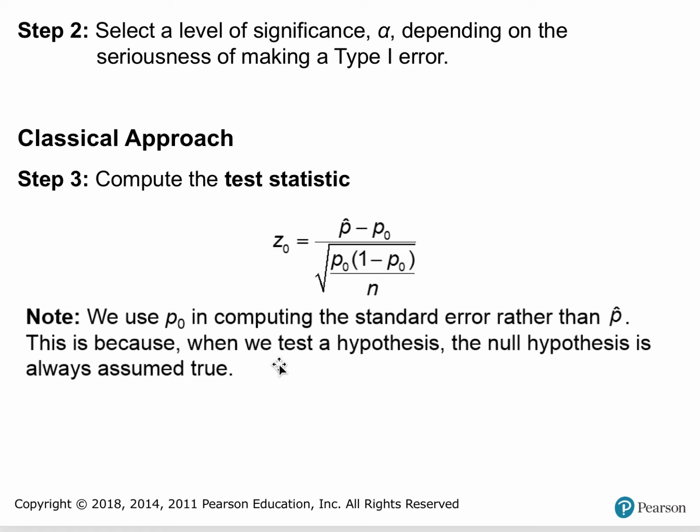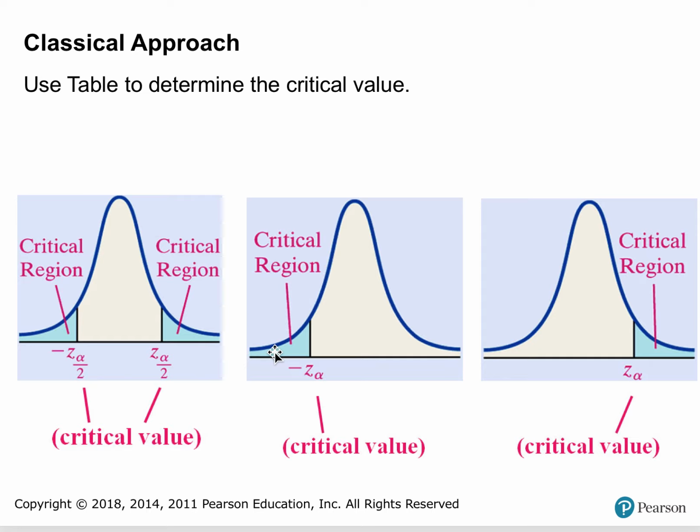So we're assuming it's true and trying to prove otherwise, so we can just take that as our value. Okay, then here's the difference in our various tests, the two-tailed test, the left-tailed test, and the right-tailed test, and we would find the critical values, which we've talked about how to do.